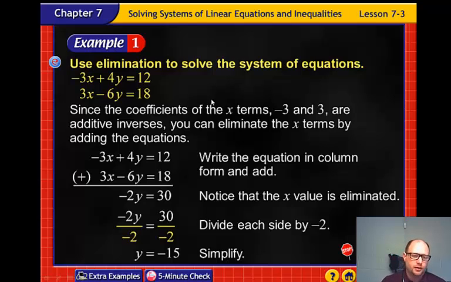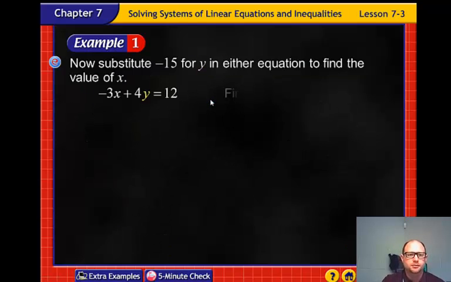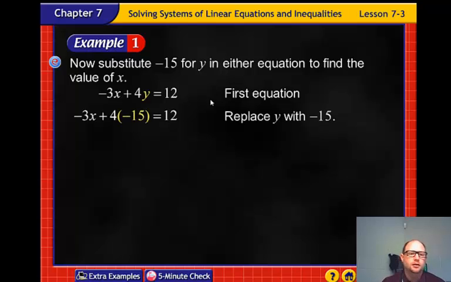Now that we've got that, we could do elimination again, but like I said, we've already learned substitution. So we're just going to plug that negative 15 into one of the equations for y, and then quickly solve for x. So we got negative 3x plus 4 times negative 15 equals 12. Multiply that out, negative 3x minus 60 equals 12.